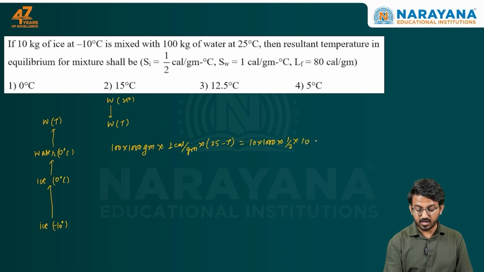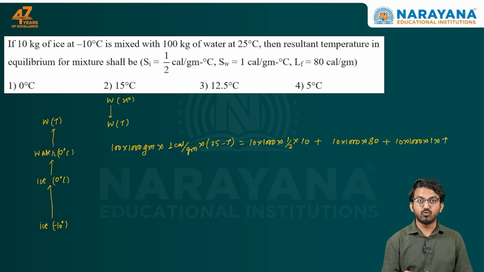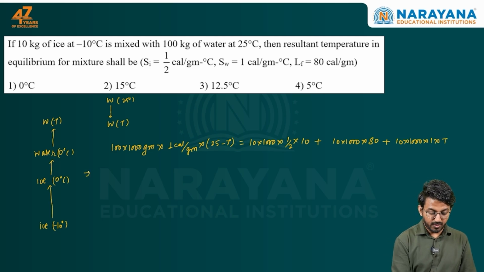That's going to be 10 here, plus ice is converting to water, which is again 10 into 1000 multiplied by 80. Again continuing water going from, so again 10 into 1000. For water, specific heat is going to be 1, and delta T is going to be T, 0 to T here.